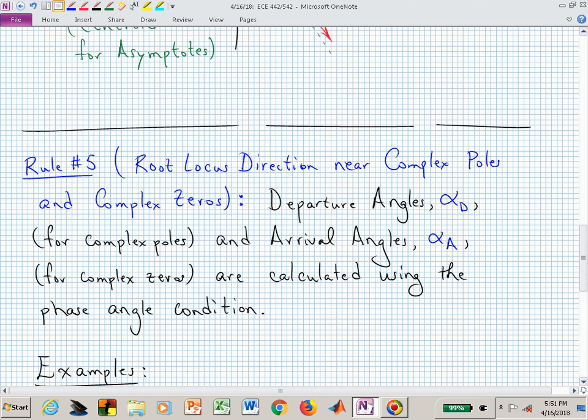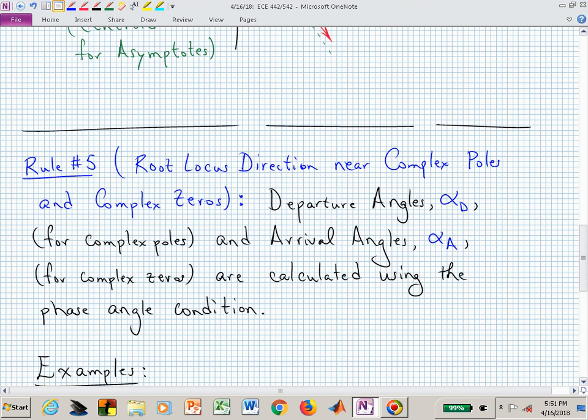Now you can just think you're at the airport and now we're departing from those poles. And then we have arrival angles to the zeros. And these are complex zeros. And the angle with which we arrive and depart is defined relative to this positive real line going to the right from all of these complex poles or zeros.